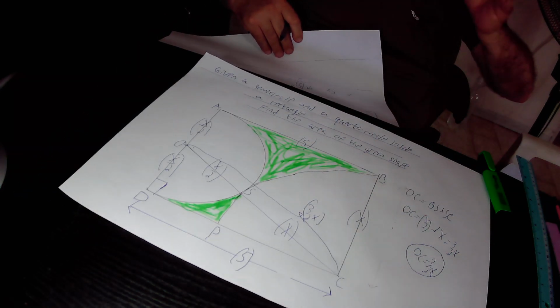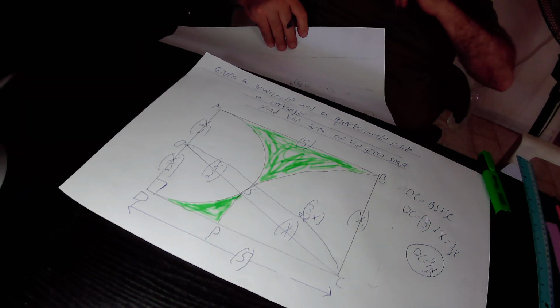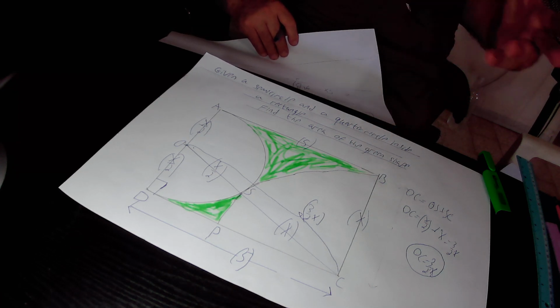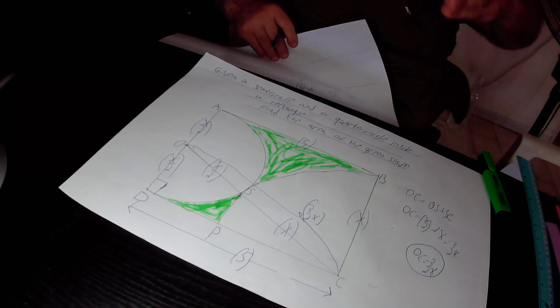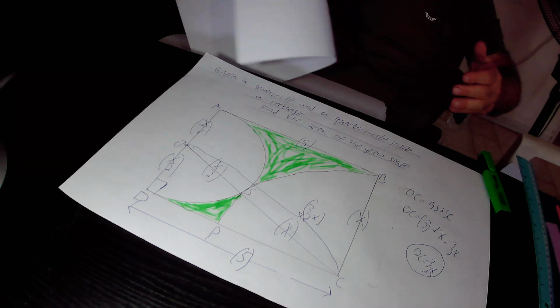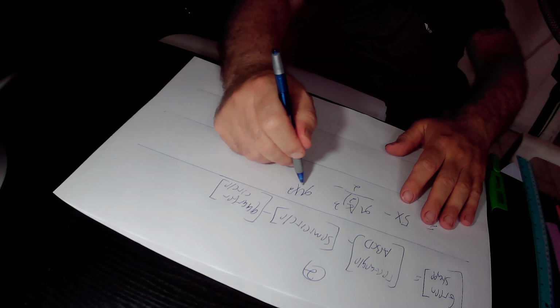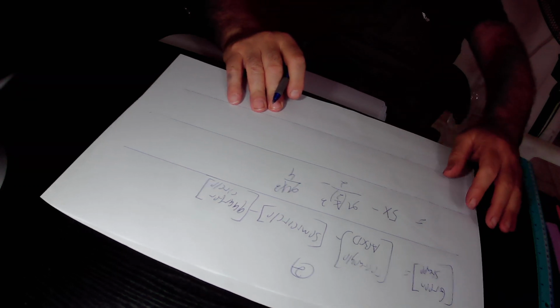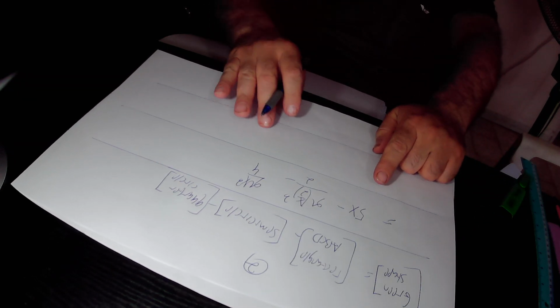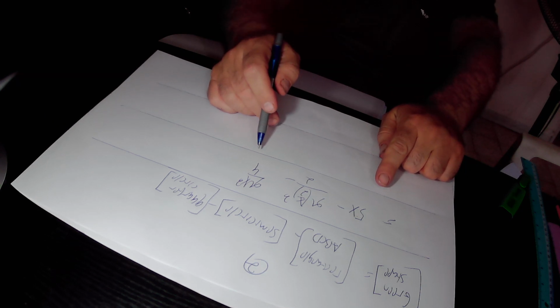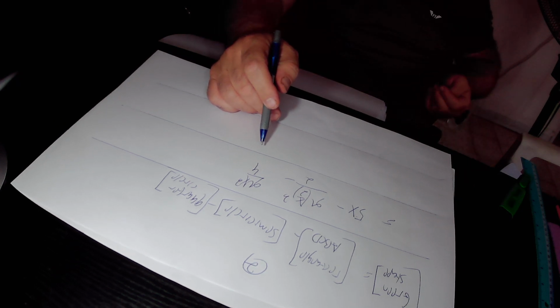Minus the area of this quarter circle. What is the area of this quarter circle? The radius of this quarter circle equals x, and therefore the area must be equal to pi x squared over 4. So the area of the quarter circle equals pi x squared over 4. So actually the value of this expression equals the area of the green shape.